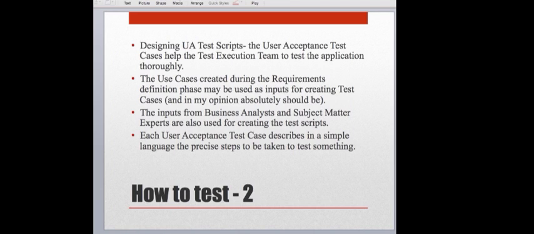So I do a review of those. Then when we're having UAT, I'm already familiar with the test scripts because I've already reviewed them, and I can be pretty confident that they're going to work for user acceptance testing.